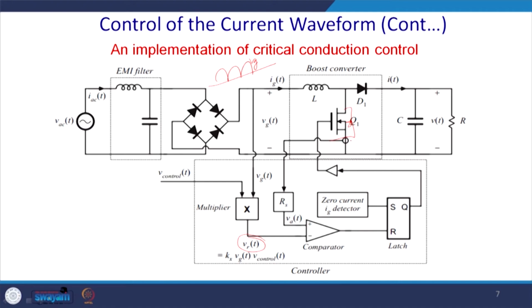Thereafter, you will sense the current and emulate the resistance Rs, mostly by the PI controller, and you will compare it. Thereafter, if this multiplication of IL into Rs is more than the drop, then you are going to reset this flip flop.